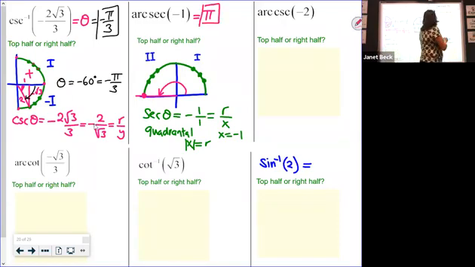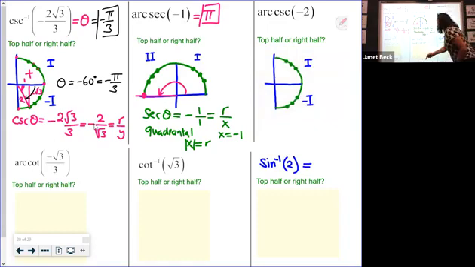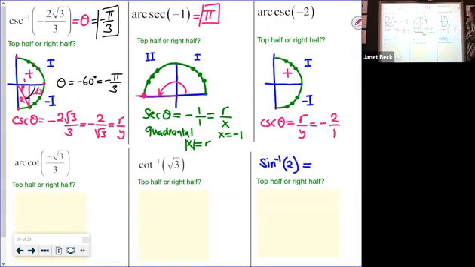For this one, arc cosecant is negative 2. Cosecants, we're looking at the right half. It's negative, so we're not in quadrant 1, where it would be positive. The cosecant of our angle is a ratio of r divided by y, and we've been told it's negative 2. It's not the r that's negative, it must be the y, and that y must be -1.